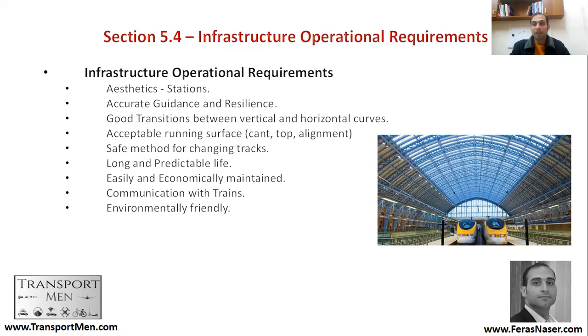Long and predictable life, so it should be designed for a long operation, maybe 5 years, 10 years, 8 years, easily and economically maintained, communication with trains through axle counters, track circuits, automatic warning systems, and more, environmentally friendly. So this is just some of the operational requirements that you might have in infrastructure.